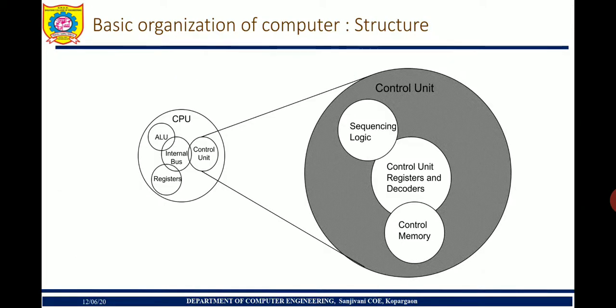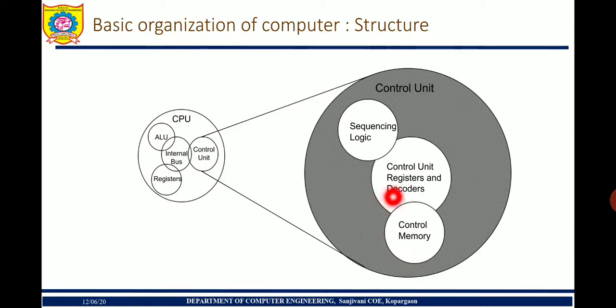Now if we zoom into the control unit further, it becomes this big circle. What is there in this control unit? There is some sequential logic and there is a control memory. This control memory has a fixed set of instructions or controlling commands which are stored in this memory.